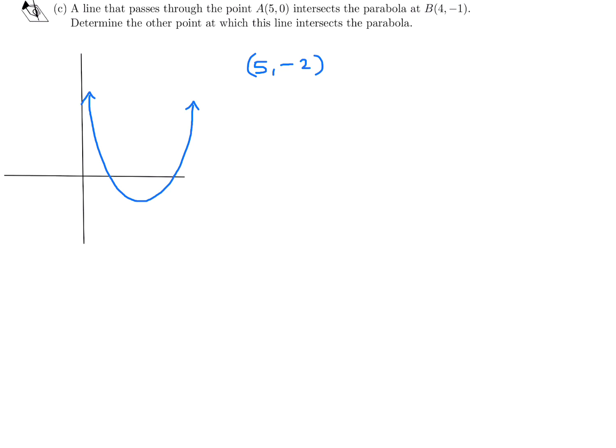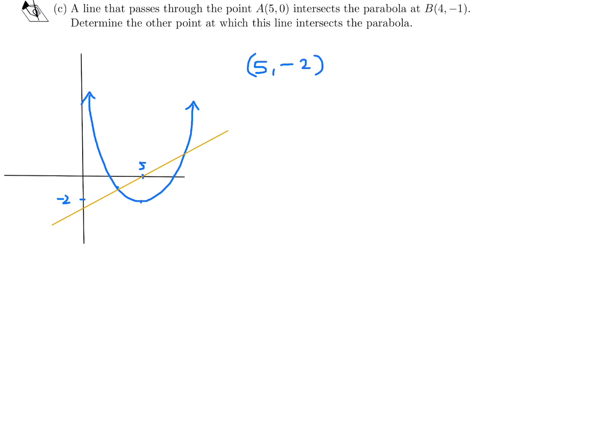So if this is 5, this is negative 2 approximately. Here's the vertex, right? So they're saying this line passes through (5, 0), so it passes through this point, and it intersects at (4, -1). So (4, -1) is, I know it's not drawn to scale, but that's okay. Approximately here. So we've got a line like this. And don't worry if it's not drawn to scale. I'm just illustrating this to help you.